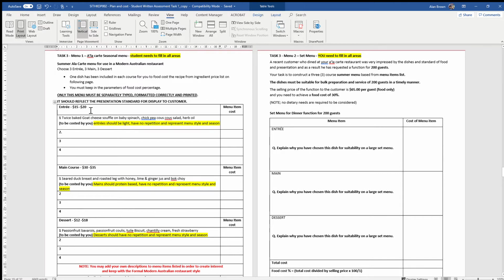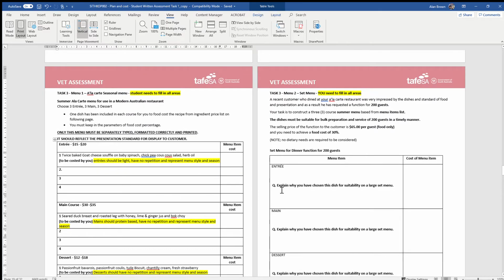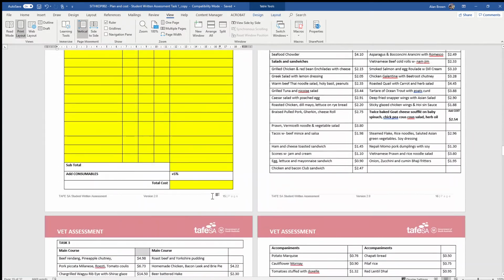If you had, for example, a crab ravioli, crab is quite expensive, so you would probably go towards the $20 mark there. A souffle is a little bit cheaper, so you'd probably go towards the $15, $16 mark, just as an example. So that gives you an idea. Scrolling back up now.